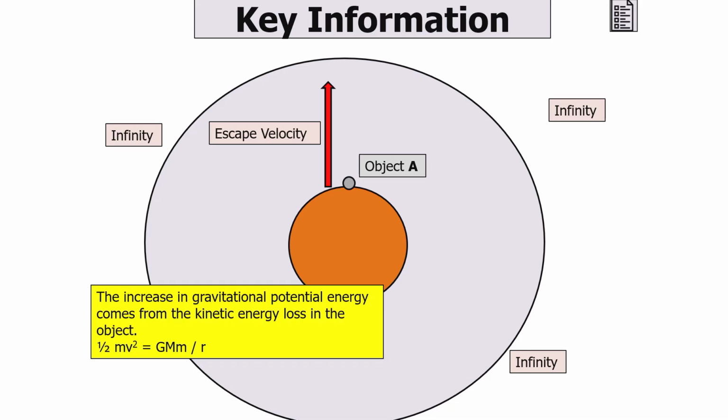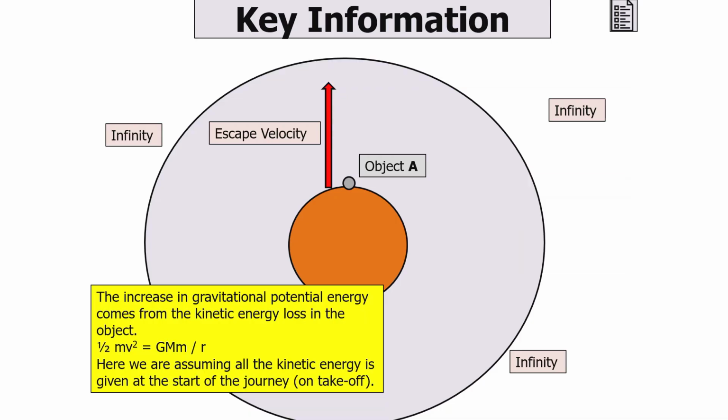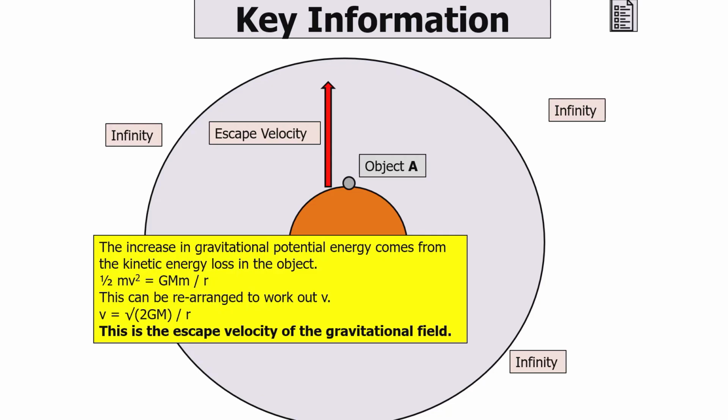What we can therefore deduce is that we're assuming firstly that only the minimum kinetic energy is needed to escape the field, so there's no excess energy left after escaping the field. We are also assuming that there are no dissipative forces acting on our object. So we can rearrange this to work out v, and say v is equal to the square root of 2GM over r, which we state is the escape velocity of our gravitational field.